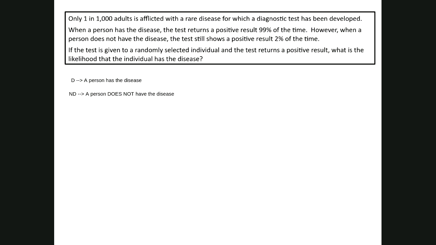Then we're going to define another set of events. Pos is the event that the test has a positive result, and Neg is the event that the test has a negative result.